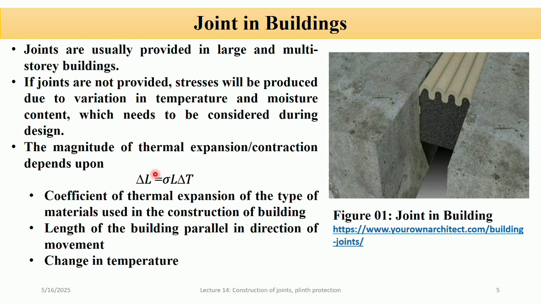Therefore, in the design of large or multi-story buildings, these movements must be considered to avoid damage. So joints allow movements to occur safely without cracking or stressing the structure. Providing joints in large buildings helps manage movement due to thermal and moisture changes. Using the thermal expansion formula, an engineer can calculate expected movements and design appropriate joints to protect the building from stress and failure.